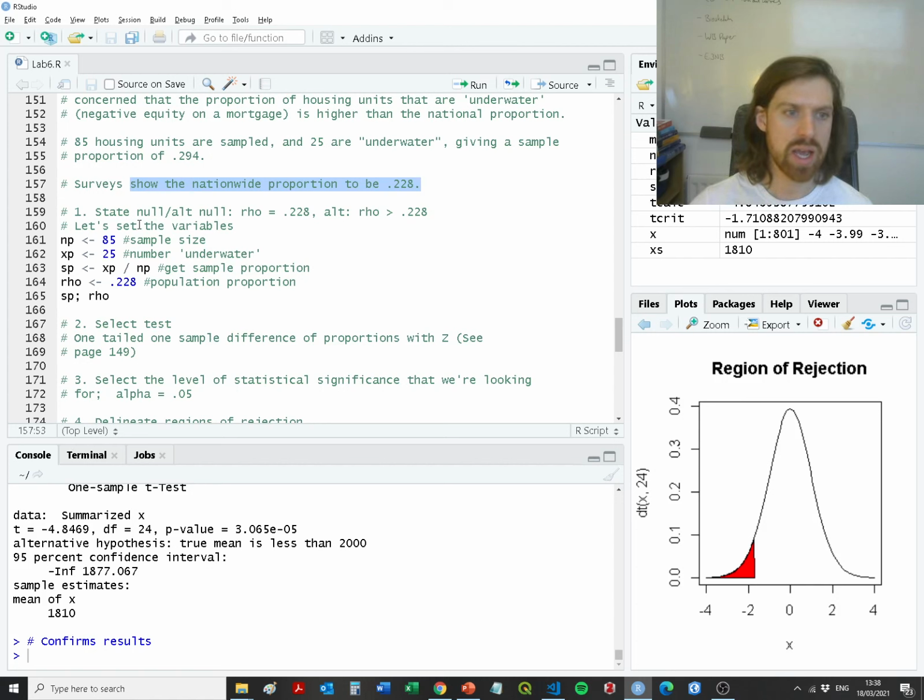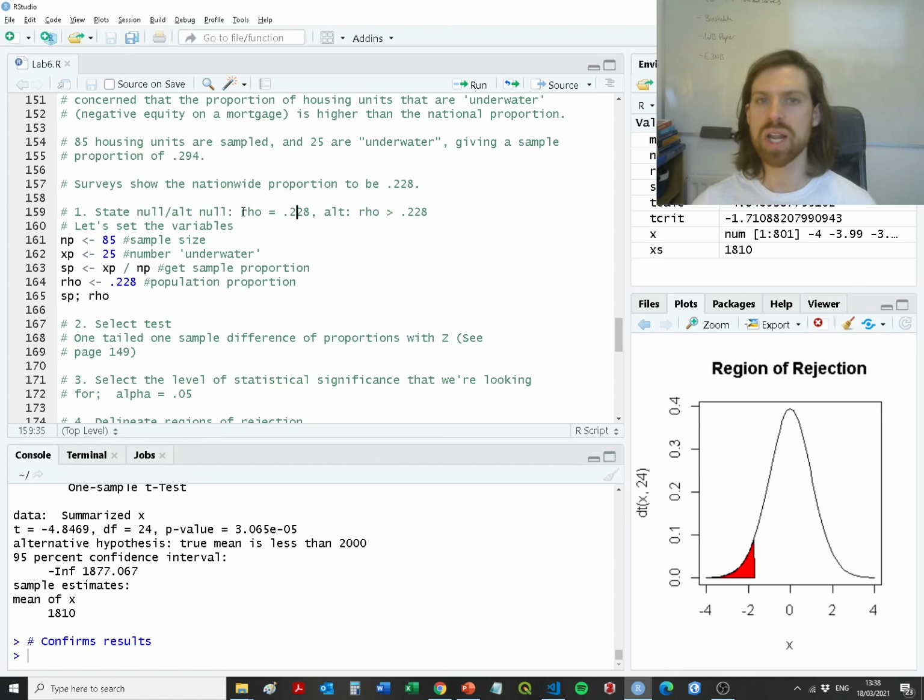And essentially, that means we can state our null and our alternative hypothesis. If we think that there's no relationship between Middletown and the rate of negative equity relative to the national mean, then we would say there's no difference, and therefore the sample proportion and the population proportion would be the same. Okay, they would be equal.